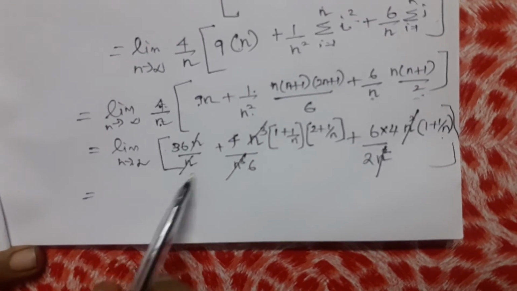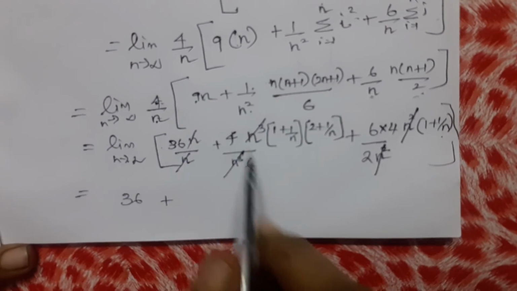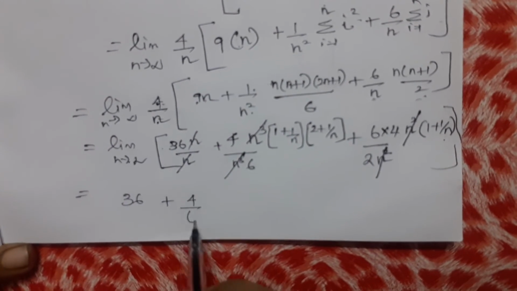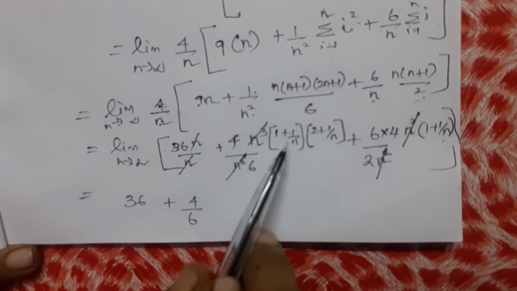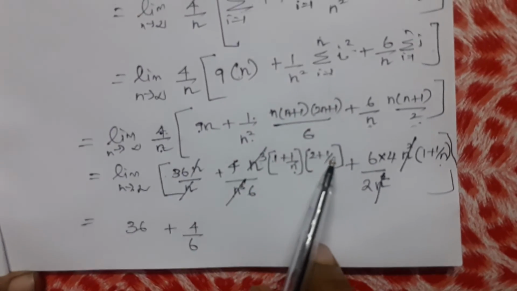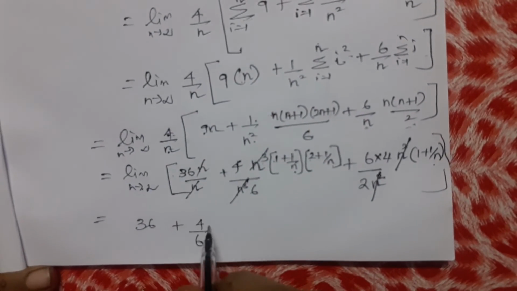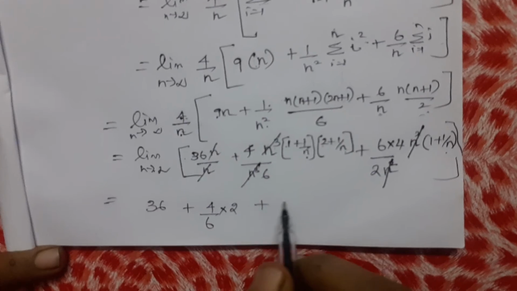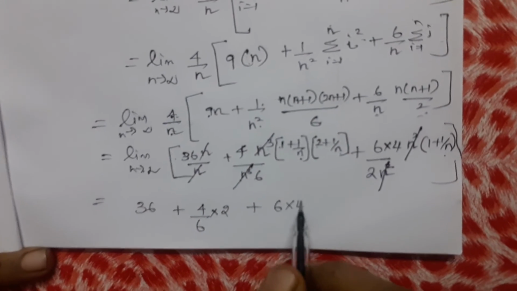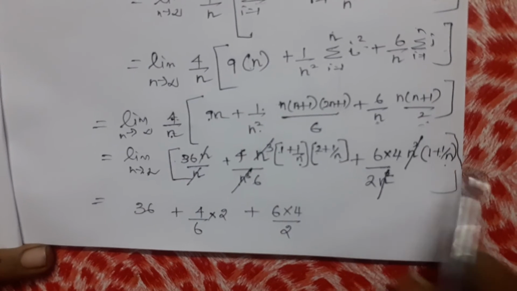Now we apply the limit. So simply we have 36 in the first term, and in the second term we have 4 by 6, n cube getting cancelled, 1 by infinity is 0, 0 plus 1 is 1, and 1 by infinity 0, 0 plus 2 is 2, 2 into 4 we have here 1, 2. And similarly 6 into 4 by 2, here also 1 plus 0 is 1.